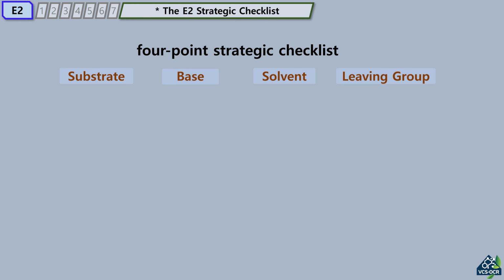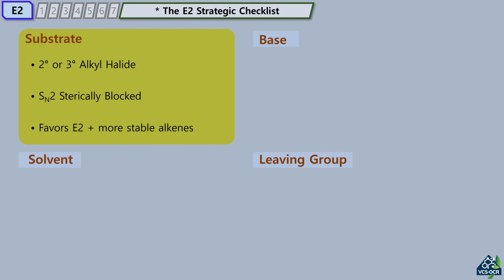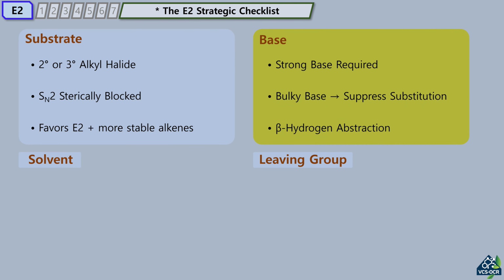To design a successful synthesis, you must optimize the following 4 factors. First, the substrate. Select secondary or tertiary substrates to favor elimination over substitution by disfavoring SN2 pathways. Second, the base. Use a strong base to increase the rate of proton abstraction. Bulky bases strongly favor elimination by disfavoring carbon attack.